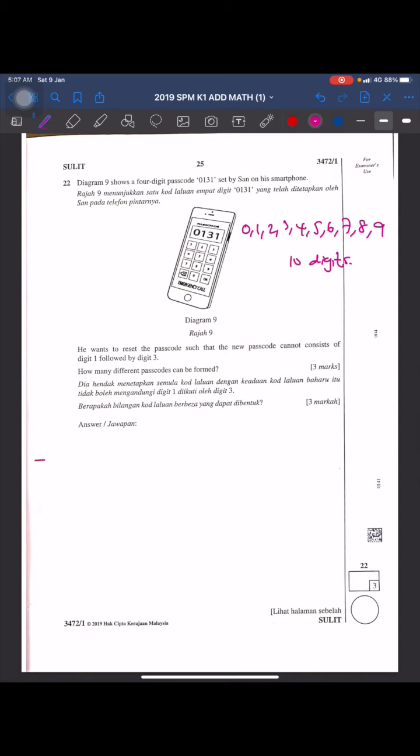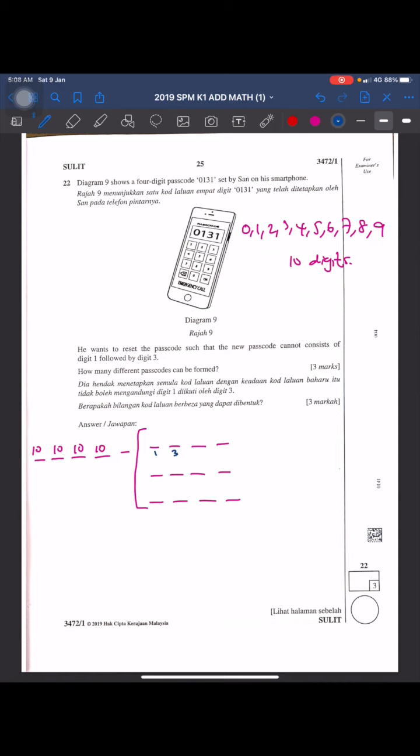So ni contoh kalau saya buat semua. So kita ada 10, 10, 10, 10. Okay, next saya kena minus. Okay, apa situasi yang ada? Contoh mungkin saya akan ada sini 1, 3.